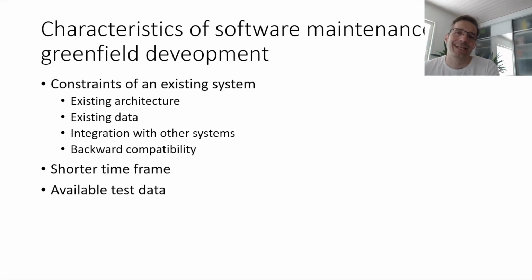Finally, having an existing system implies that there are already existing tests. And this is actually one of the benefits of doing software maintenance if you have the tests. You can do the changes somewhat quicker if you have automated tests that ensure that the system is still working as intended.